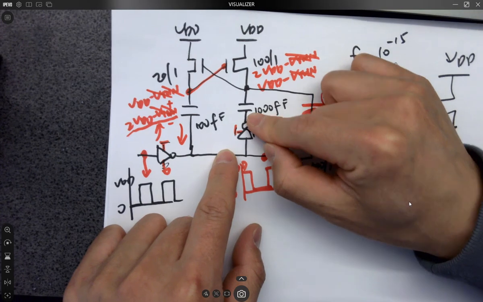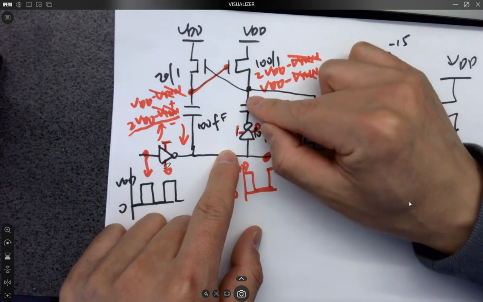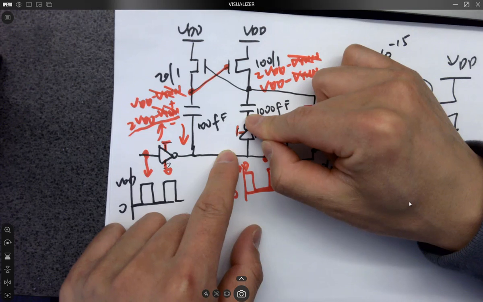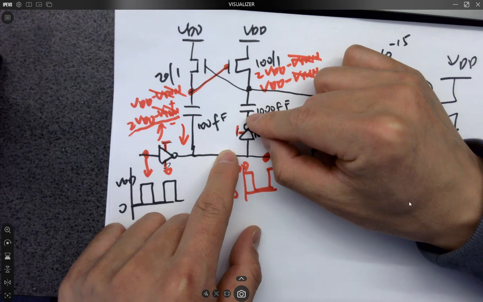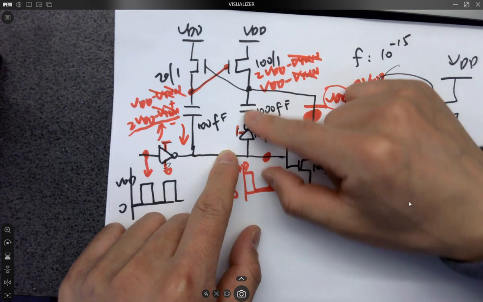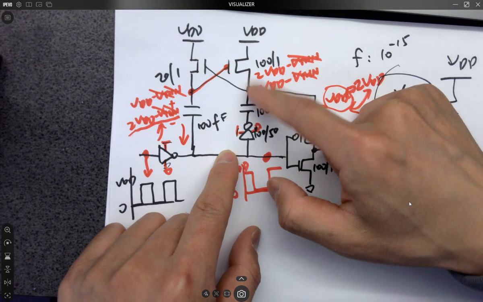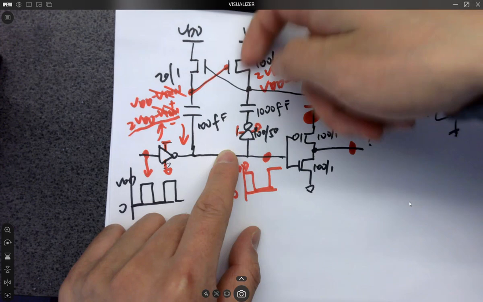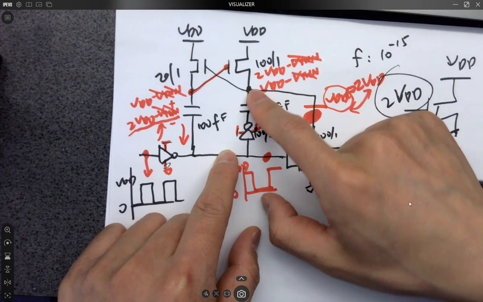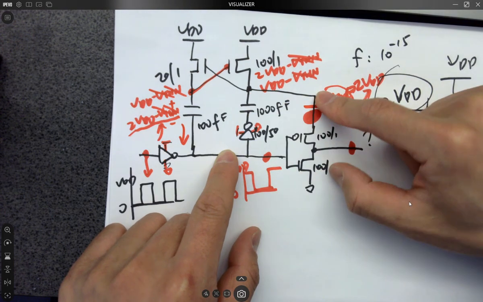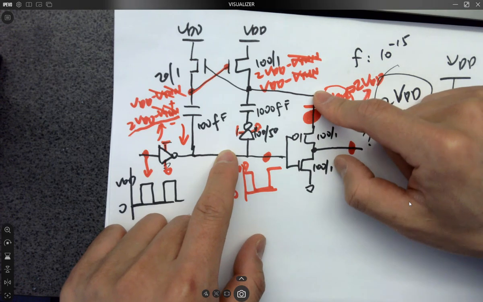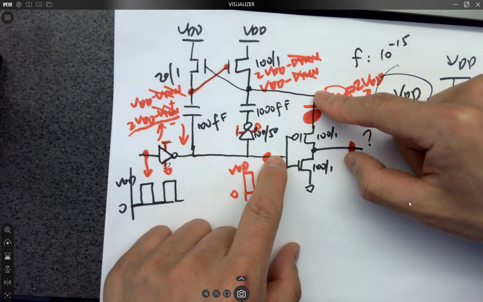If this is 0, what is this cap doing? Pulling or pushing? Pulling. Okay? If it's pulling, what is the voltage here? VDD. It's pulling VDD to this cap. So if it's VDD, what is the voltage here? Still VDD. Okay? If this is a VDD, which is on?